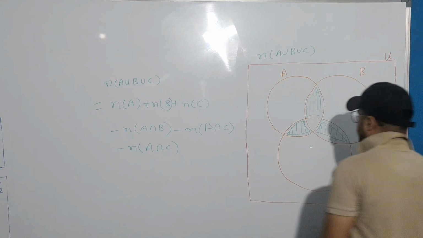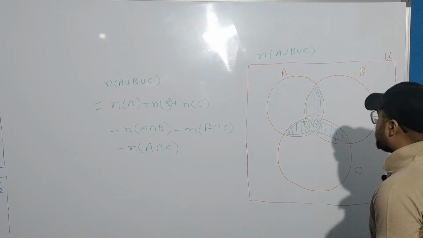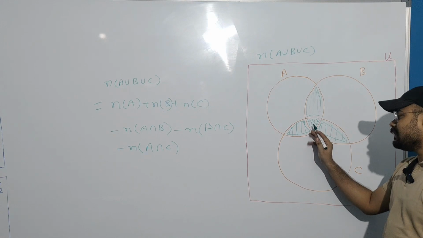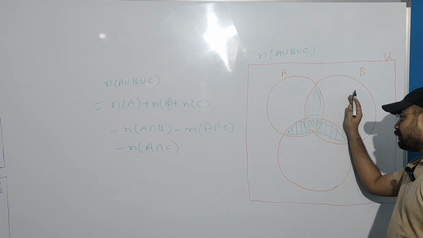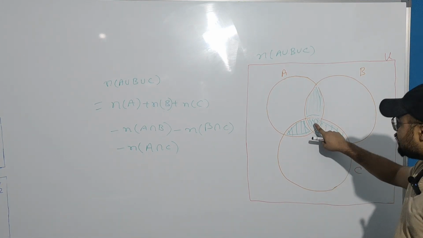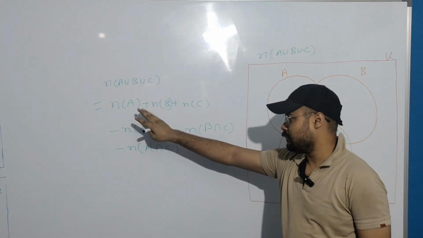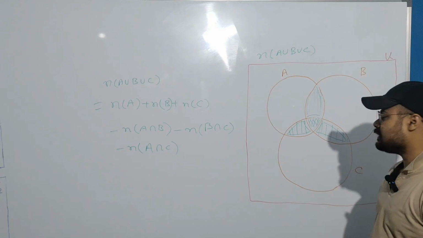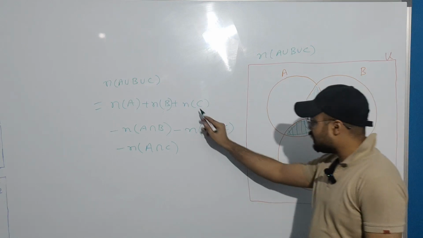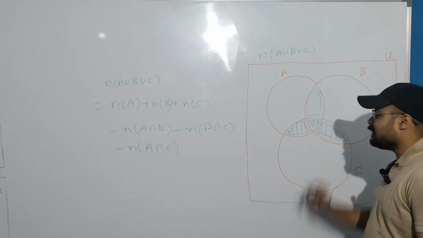Then look at this region. It is in the intersection of A, of B, and of C, and this region is added every time. When you list the elements of A, this region is added; when you list the elements of B, it is added; and when you list the elements of C, it is added. So it is added three times.